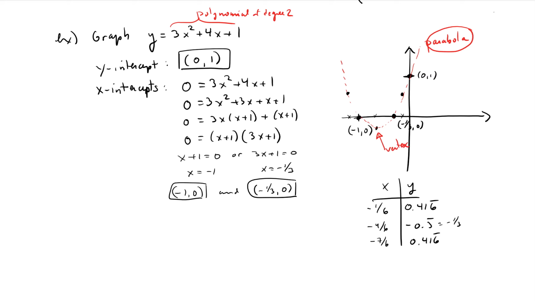So this vertex is always halfway between the x-intercepts, and that's only true for a parabola. If you've got some other curve which has x-intercepts, it's not always true that the lowest point is in between those. It's only true for polynomials of degree 2.